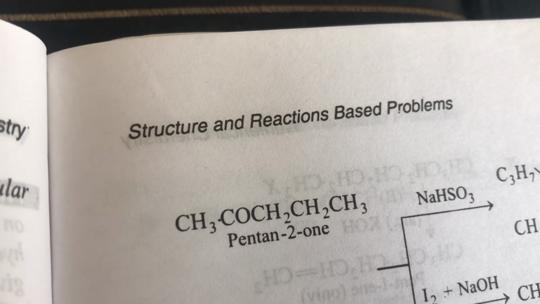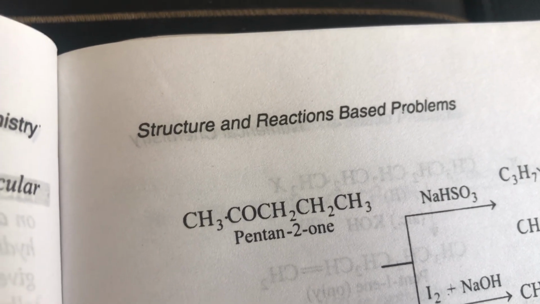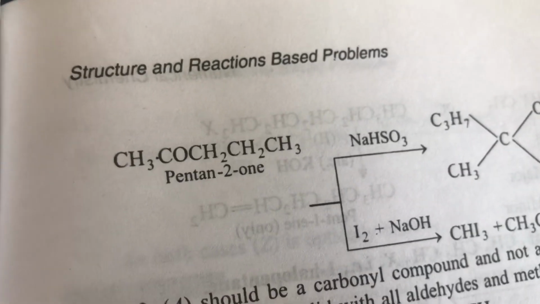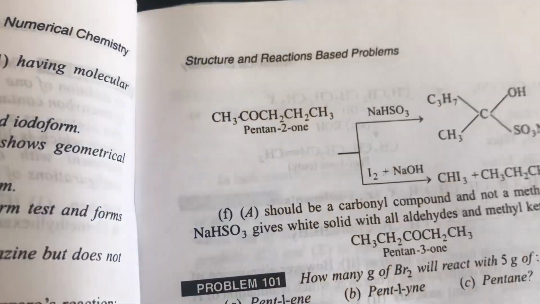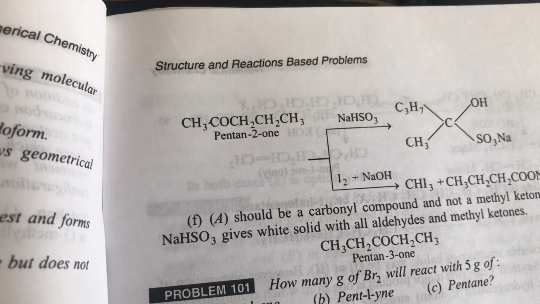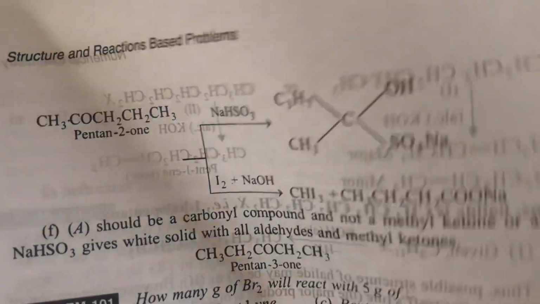How to get it as pentan-2-one? Because they said it does not reduce Tollens reagent, so ketone, but gives iodoform test, so COCH3. The carbonyl group can't be on third position, because if it would have been on third position, this wouldn't have given iodoform test. So pentan-2-one is the only possibility, and these are the reactions.